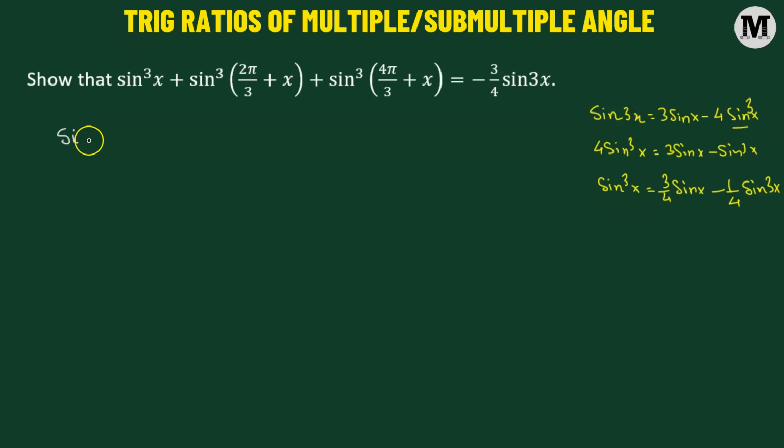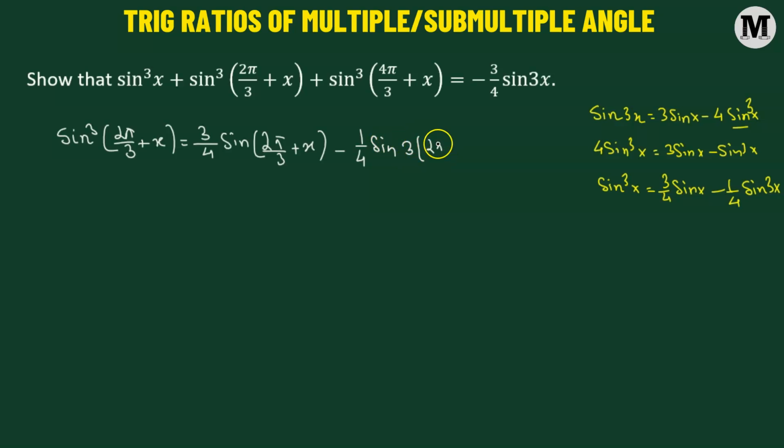We consider sine cubed of 2 pi over 3 plus x. So this will become equivalent to 3 over 4 times sine of this particular angle, which is 2 pi over 3 plus x, minus 1/4 of sine of, now we need 3 times the angle, 2 pi over 3 plus x.